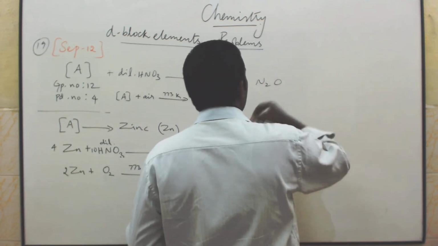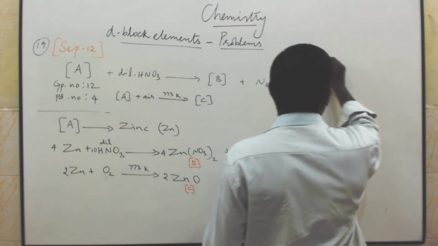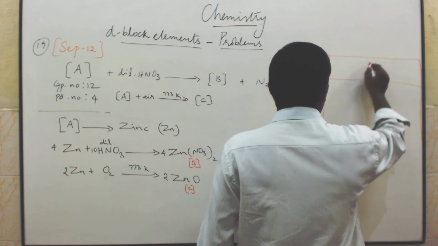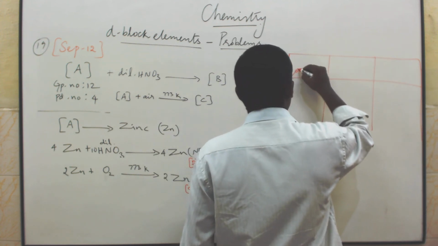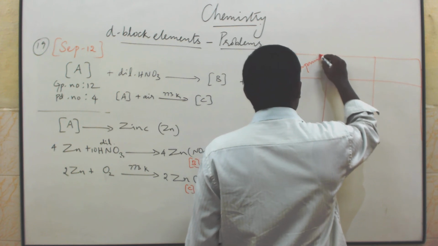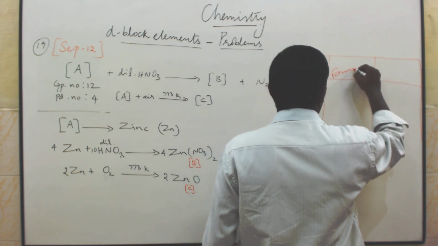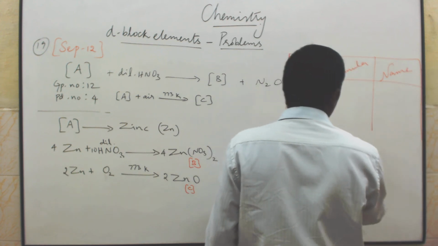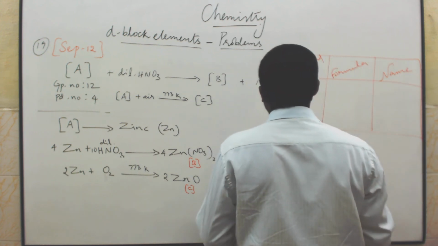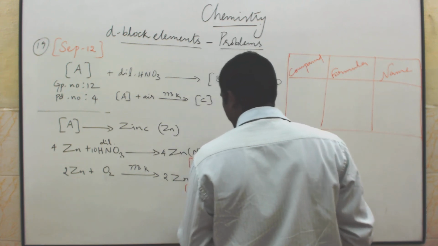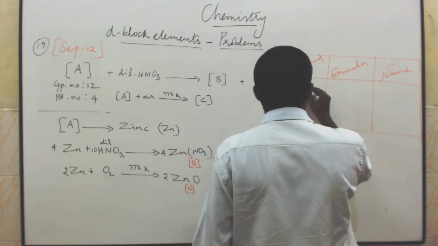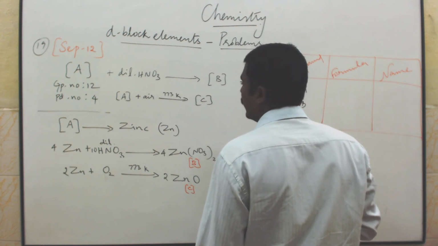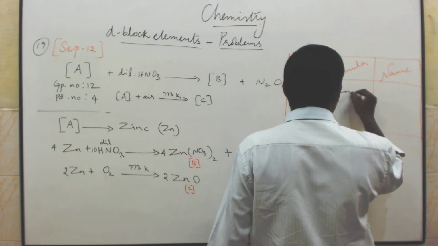Now you are going to make a tabular column: compound, formula, name. There are only three compounds, A, B and C. A is zinc.